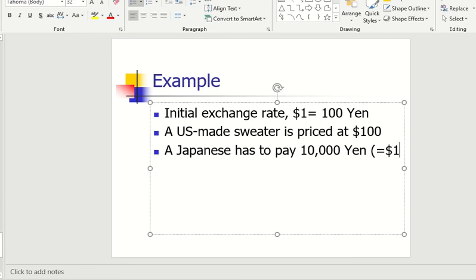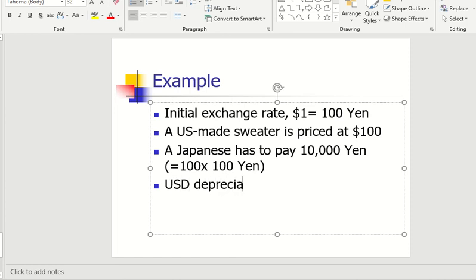So that's 100 US dollars converted back into yen. That is 10,000 yen. So now let's say the US dollar depreciates.